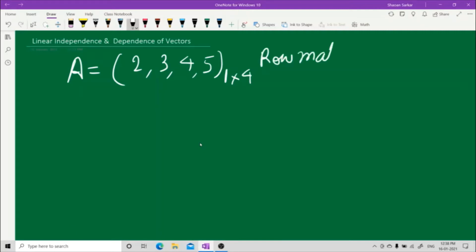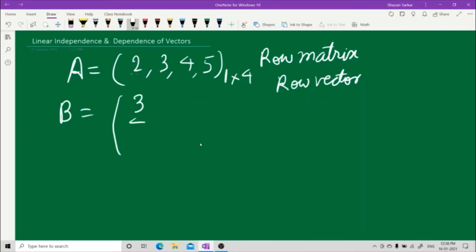This was called a row matrix. Now it will be called a row vector. These are just the coordinates in x, y, z, w. Let us say B. If I write it in this manner, 3, 4, 5, 6, then this was a column matrix, as I told you in my earlier lecture.